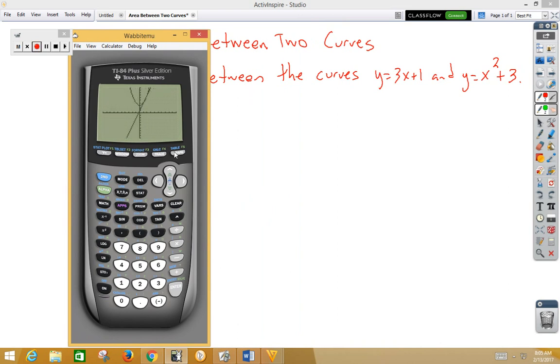If you look at the graph, you can tell that it's intersecting in quadrant 1, but the area in there is very tiny. So I'm going to do a Z-box so I can see that better.